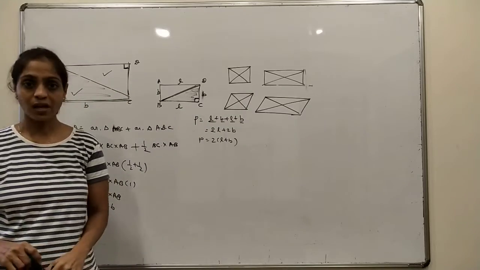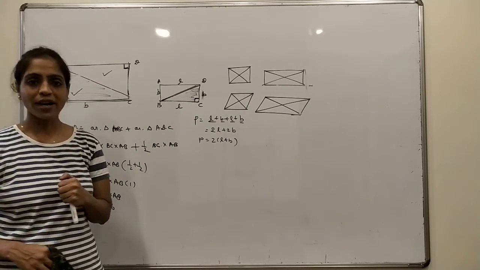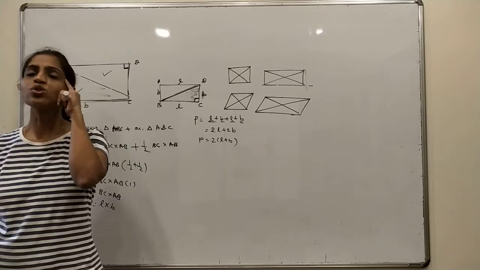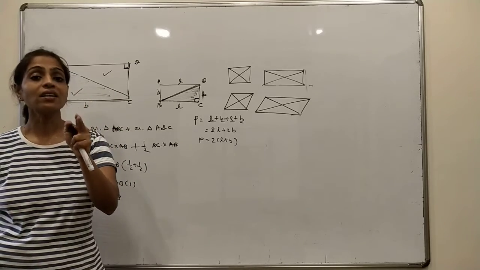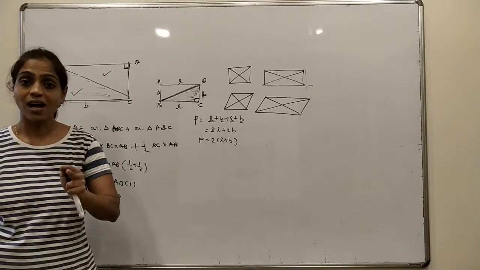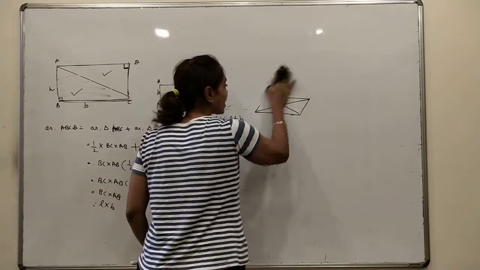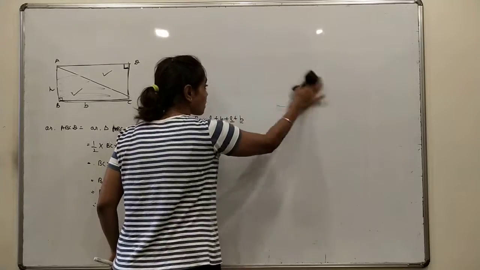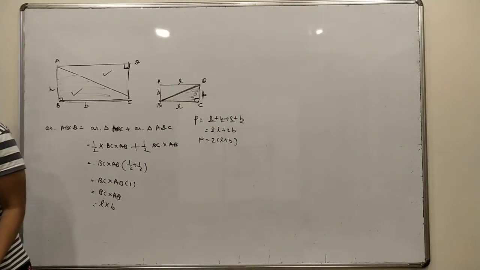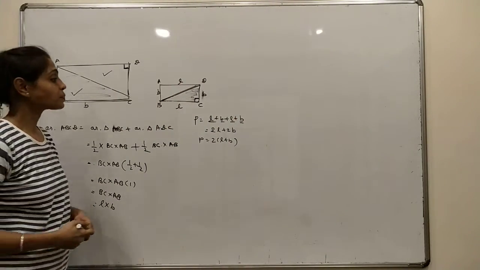And if it is asked in the question that you have to find its diagonal, just keep in mind that the diagonals of rectangles are equal. So you have to find any one diagonal, not the other, because both the diagonals are the same in rectangle and square.